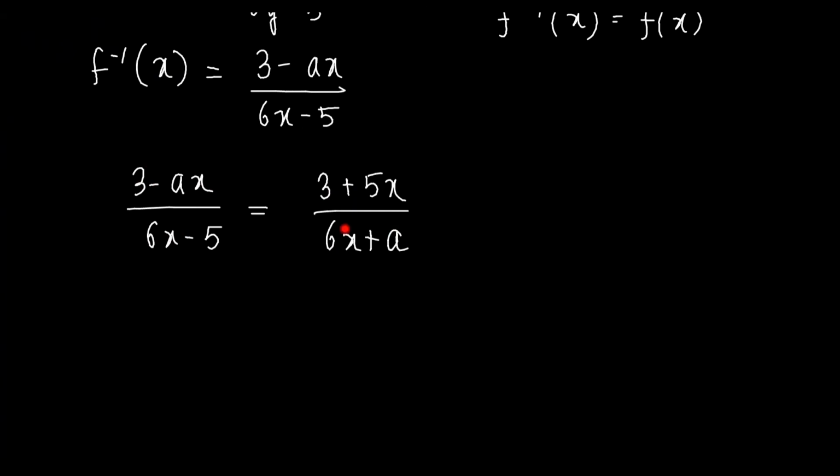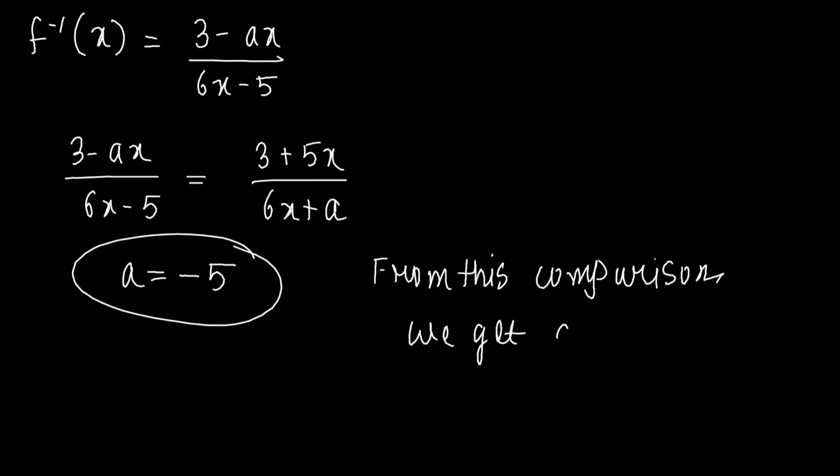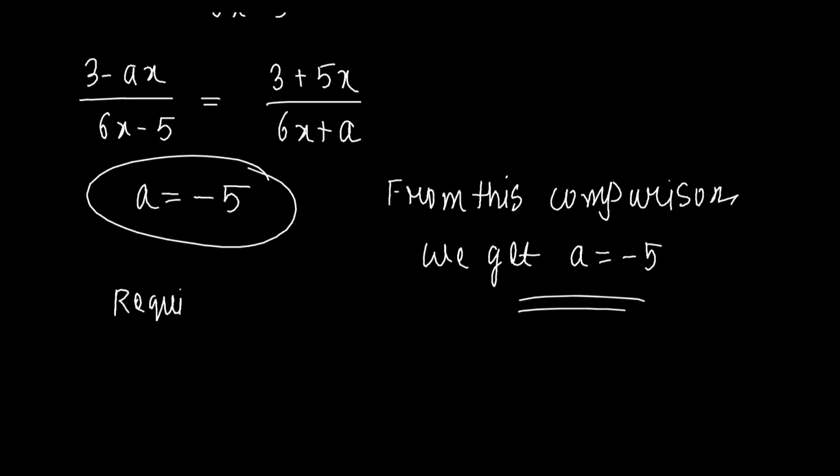So if we compare, minus ax must equal plus 5x, so from this comparison we get a equal to minus 5. Okay, required value of a is equal to minus 5.